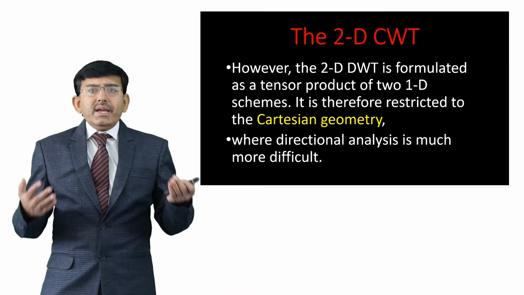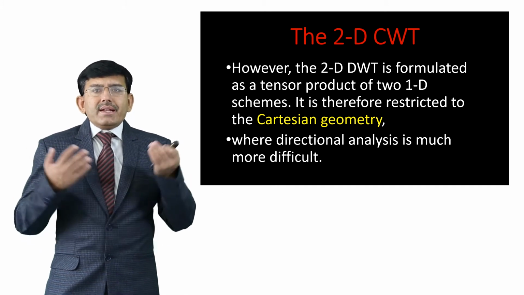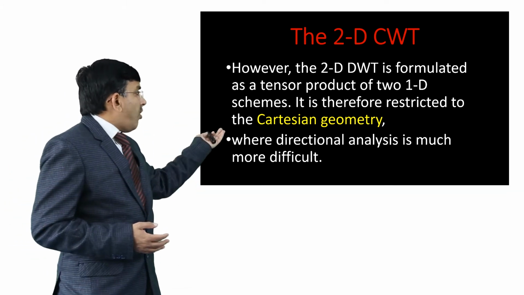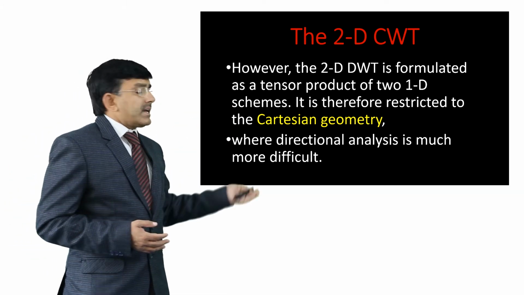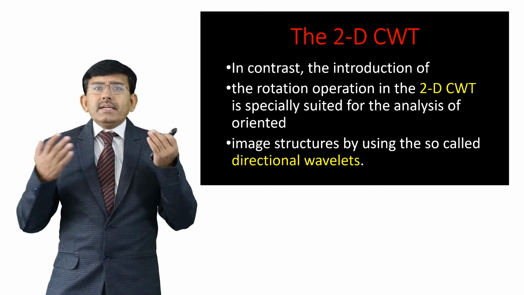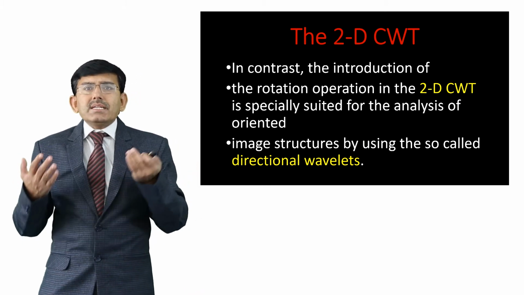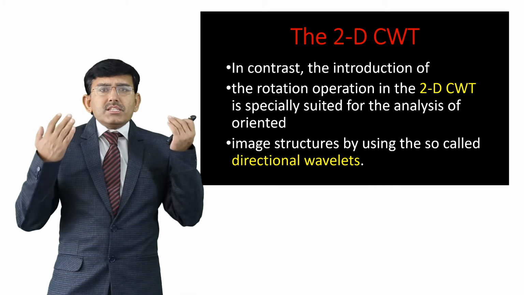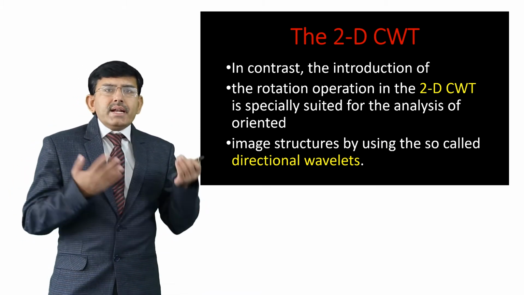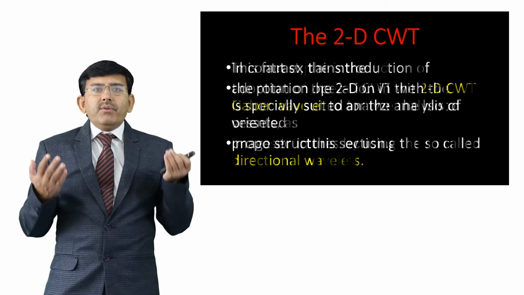It is therefore restricted to the Cartesian geometry, where directional analysis is much more difficult for extracting directional or oriented features. In contrast, the introduction of the rotation operation in the two-dimensional CWT is specially suited for the analysis of oriented image structure by using so-called directional wavelets.